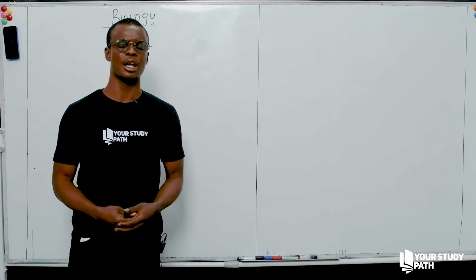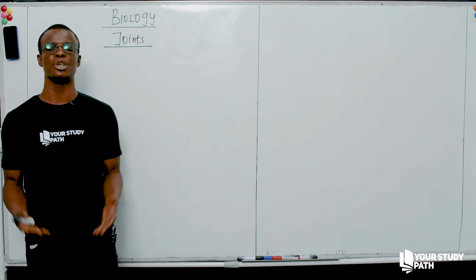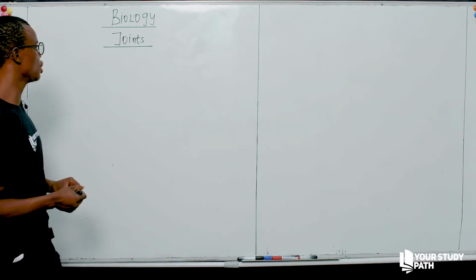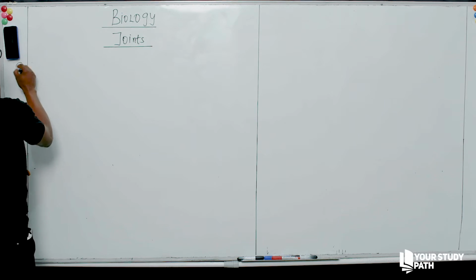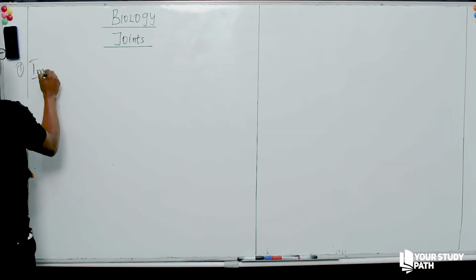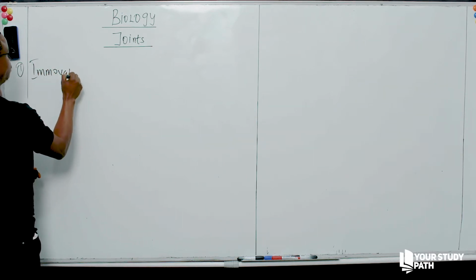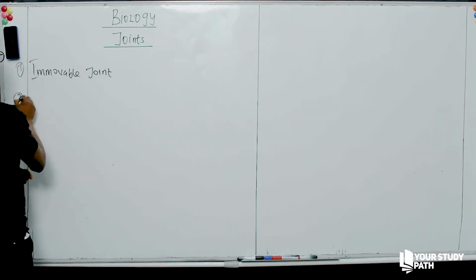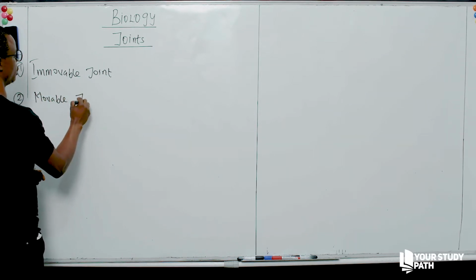So in our human body, we have two major types of joints. One, we have immovable joints, and two, we have movable joints.